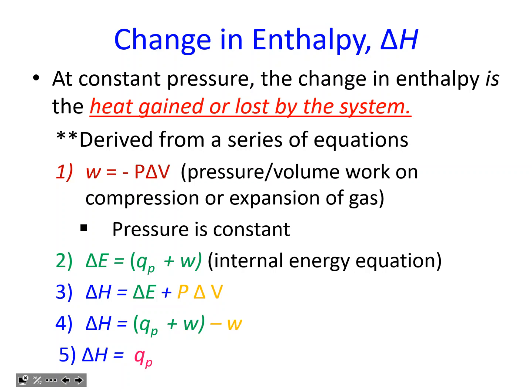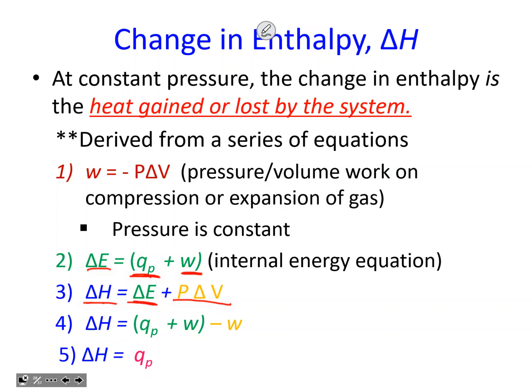So the internal energy equation that we already looked at is the heat plus the work, okay? Now there is another equation in the textbook showing you that the heat of reaction is equal to the internal energy plus the pressure times the change in volume, okay?